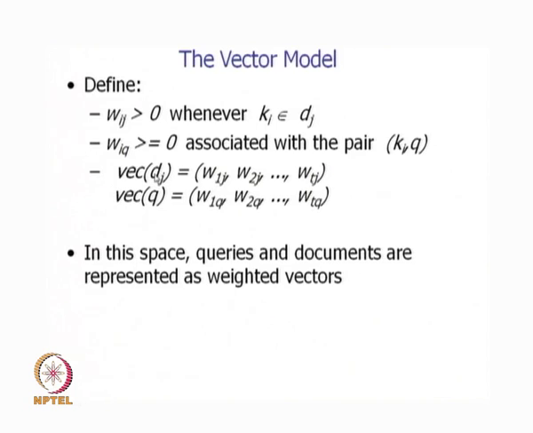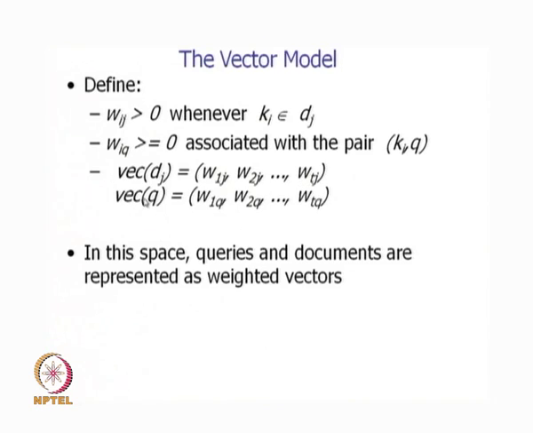The vector of d_j is formed by the weight values w_1j, w_2j up to w_tj corresponding to the t keywords k_1, k_2, k_t. These are weight values of these t keywords with respect to the document d_j. They indicate the importance of the first, second, third up to the tth keyword for the document.